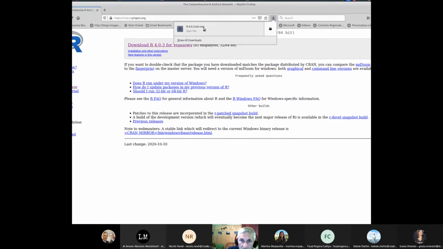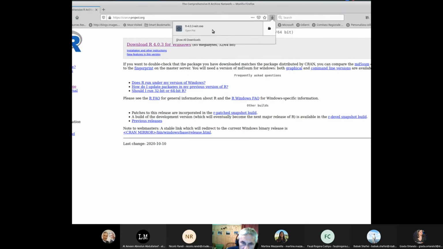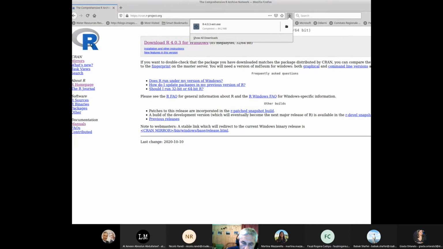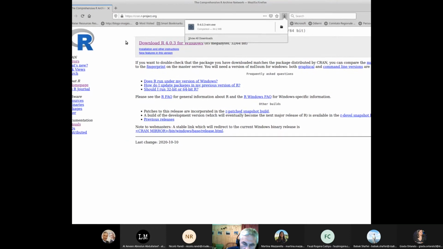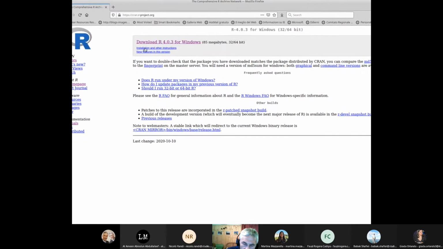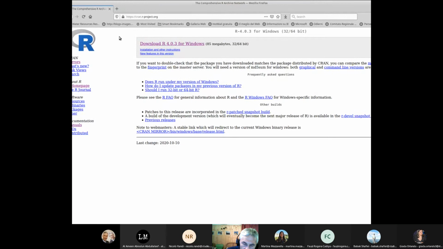You see it is an exe file. You double click on it and you get it installed. I cannot double click on it because I am not under Windows, so I cannot show you what happens here. But again, once you have downloaded it, go to the download folder and double click on it.